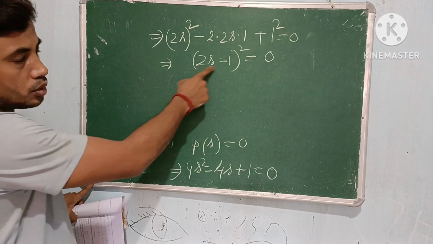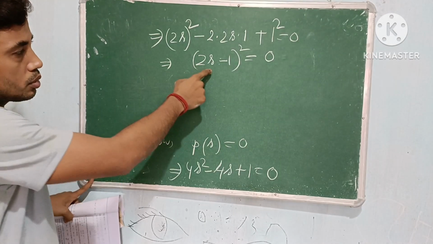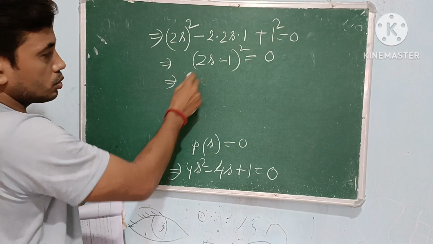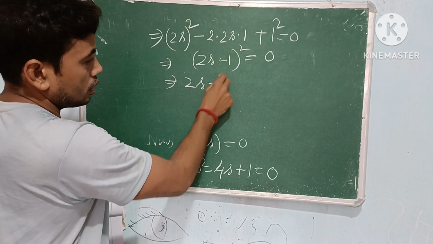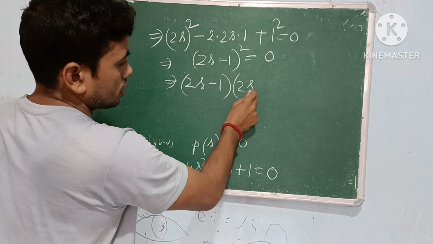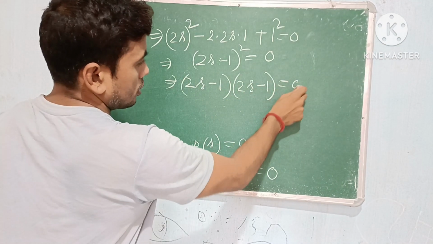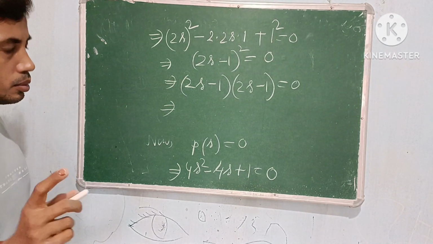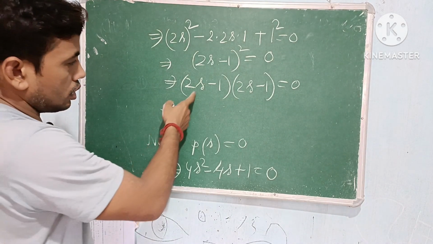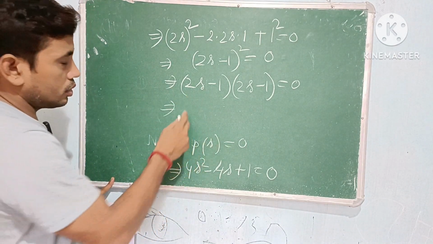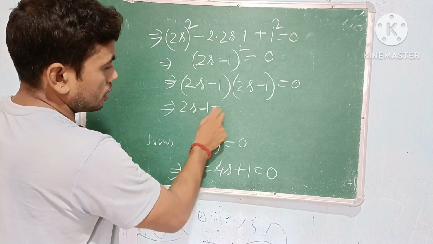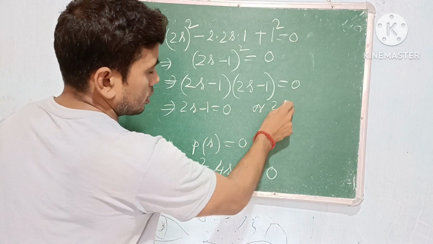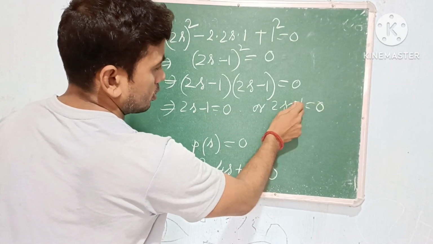And here, this is in the form a square, so a square means what? a into a. So (2s minus 1) whole square means (2s minus 1) into (2s minus 1) is equal to 0. Now multiplication of two terms is 0 if one is 0 or the other is 0. That means we have 2s minus 1 is 0 or 2s minus 1 is 0.